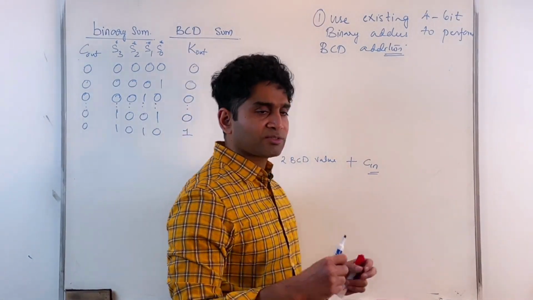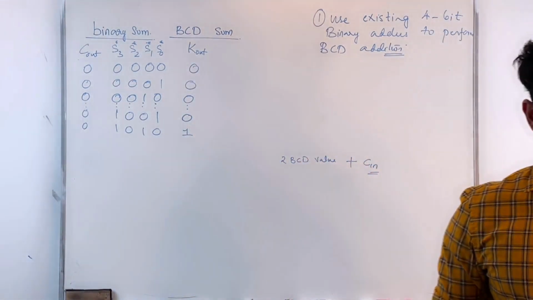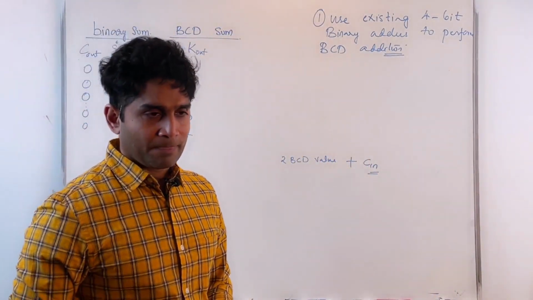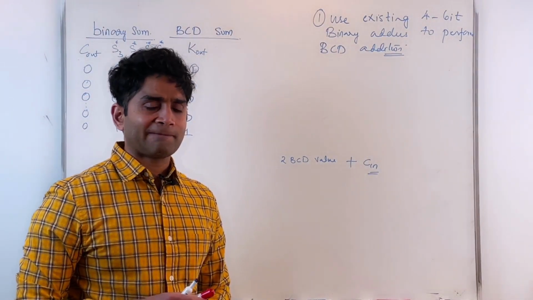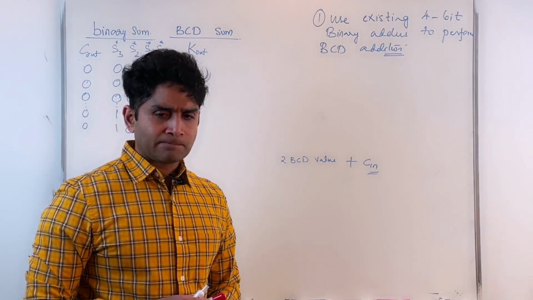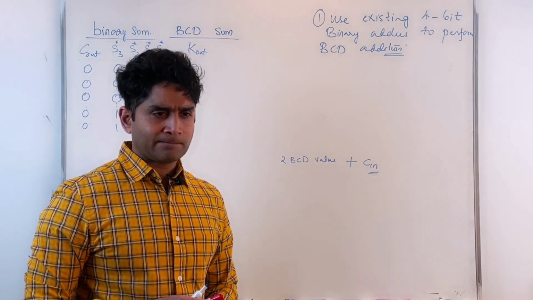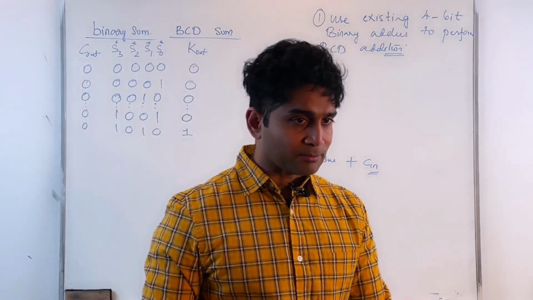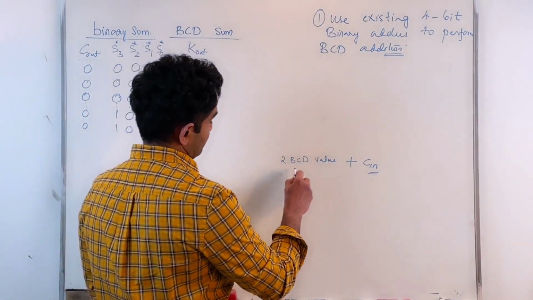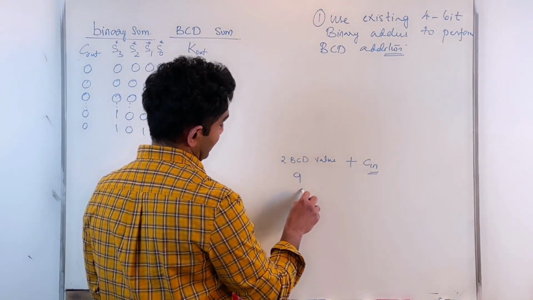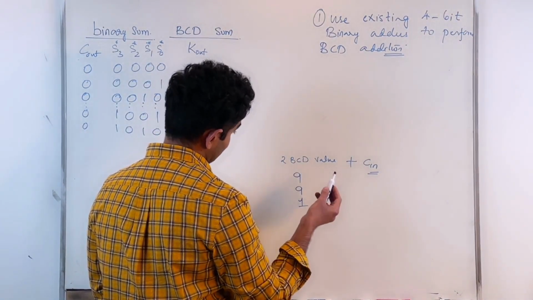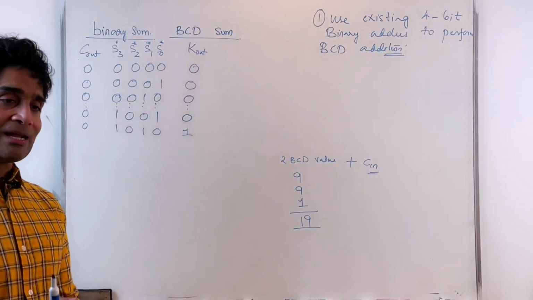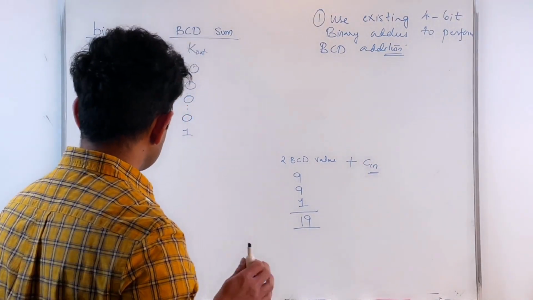So what is the largest possible sum you can get when you're trying to add two decimal digits together, along with the previous carry? 19. That's it. Because my largest decimal digit is 9. I'm adding 9 to 9 along with the previous carry 1. That's the largest possible sum I can get, which is 19. I cannot get a larger sum than this. Something to keep in mind.